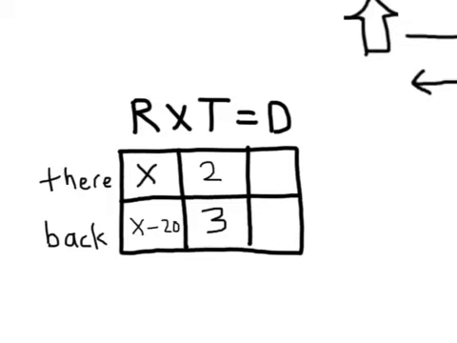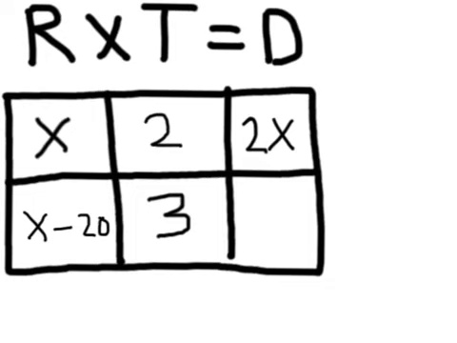We've got 2 times x, or x times 2, also known as 2x. And we've got x minus 20 times 3, once again using the distributive property. That would give us 3x minus 60.